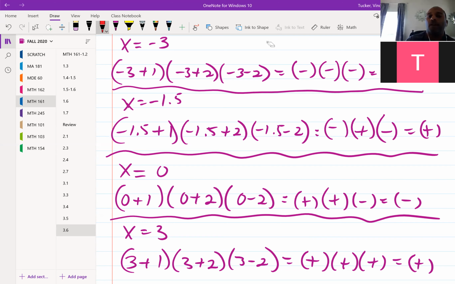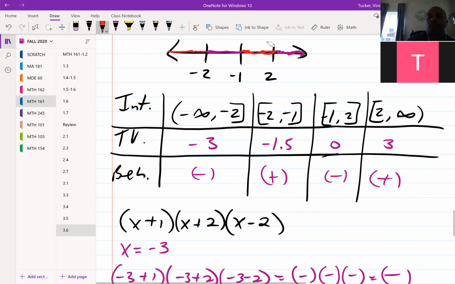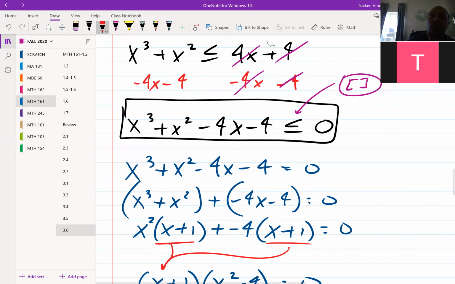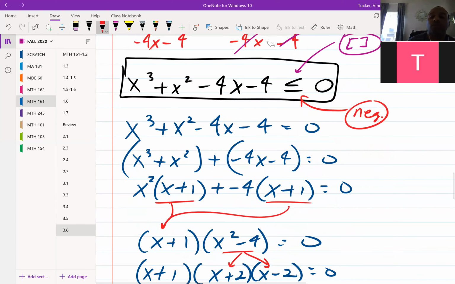All right, so go back to your original problem. We want to know when it is going to be negative. When is that polynomial less than or equal to 0? So negative, it's right here, these two intervals.